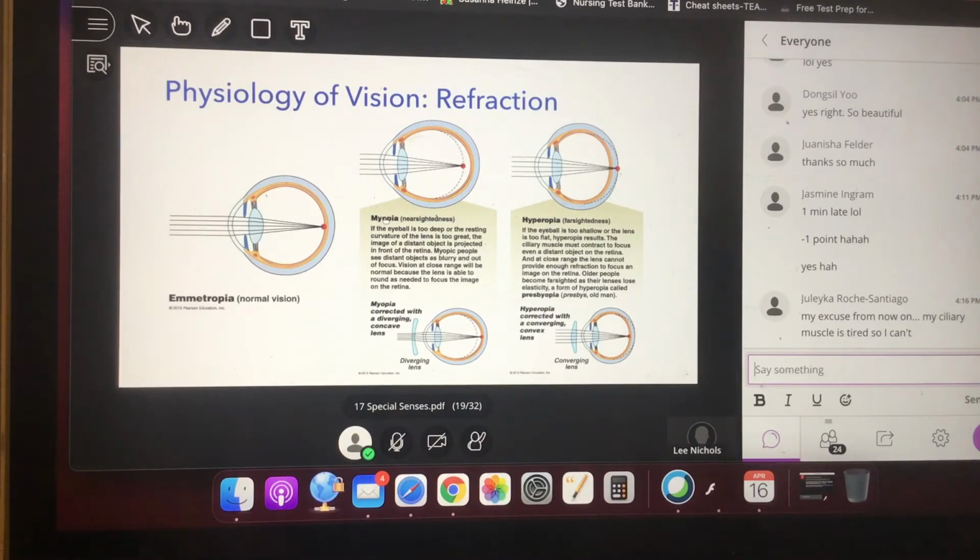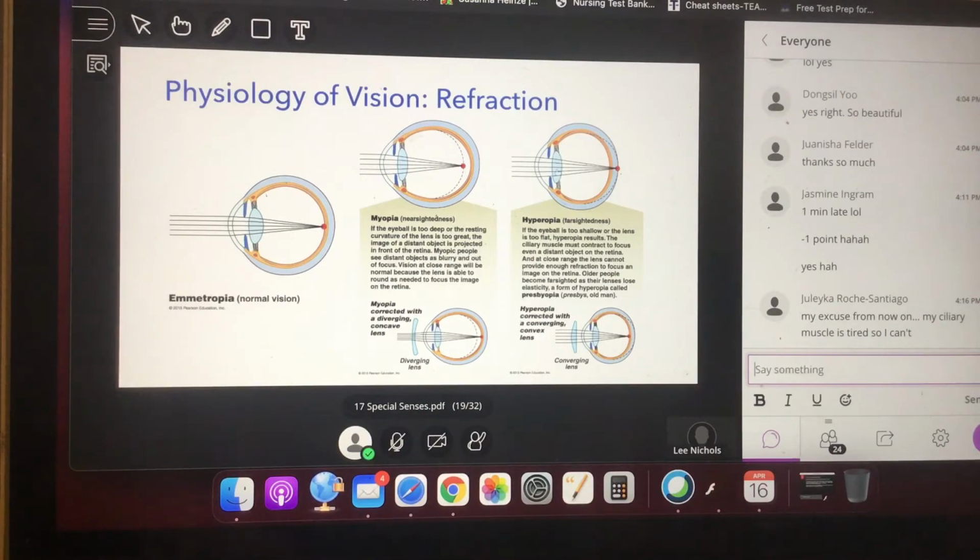But if they get more than 20 feet away, they're more blurry. So that's why we refer to myopia as nearsighted, because their sight is good up close, because they have a lens that's doing a great job of over focusing, and that works really well for close-up objects.